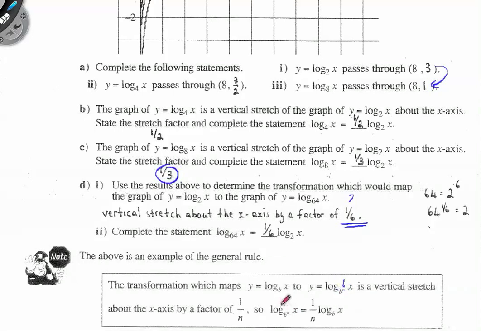And we also know therefore that log x base b to the n has to equal 1 over n times log x base b. So please make a note of that.